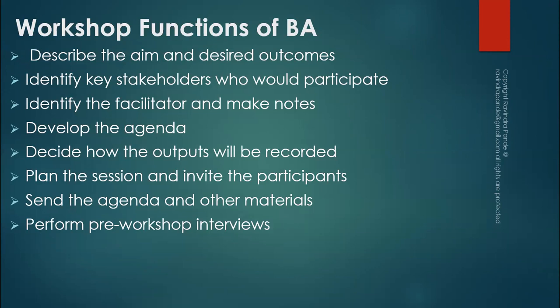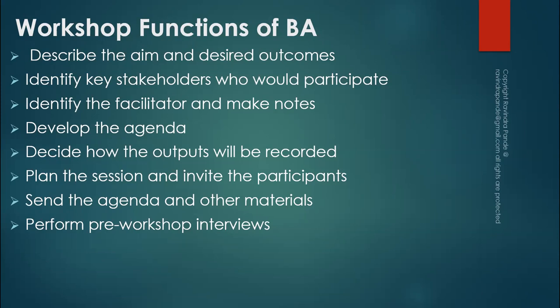Identify the facilitator and make notes. So who will be the Scrum Master? In most cases, the business analyst is the Scrum Master. That's why we have another track called business analyst and Scrum Master, because he develops the agenda for the daily meeting. He develops and checks the backlog, the progress, and everything.